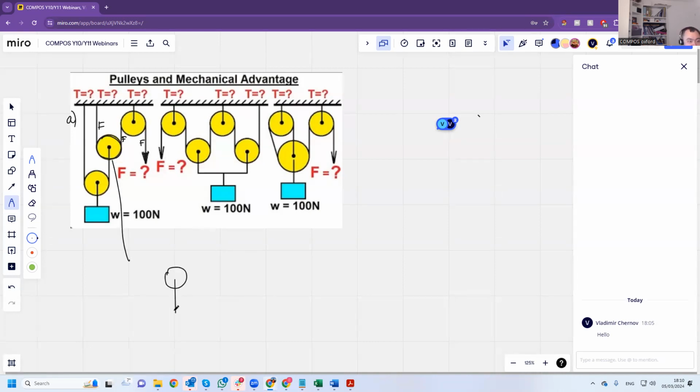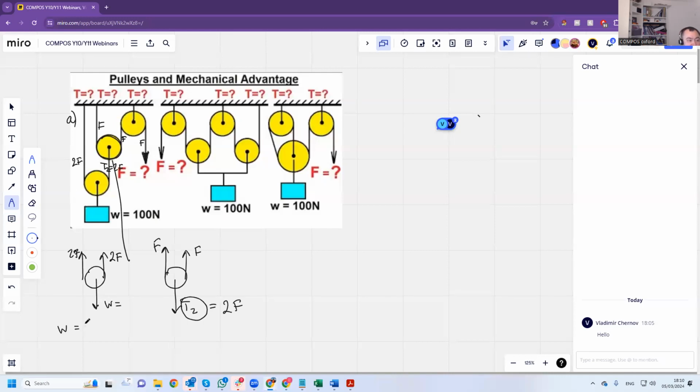Now, if you look at this bit, you have a downwards force, that's tension T2, and then you have F and F. That means the tension in this rope is equal to 2F. The tension in this rope is 2F, and that means the tension in this rope is also 2F. So if you look at this bit, you have 2F and 2F, and this is the weight.